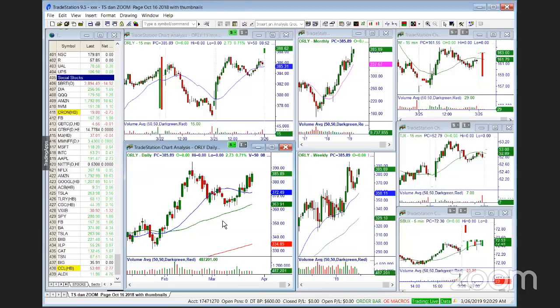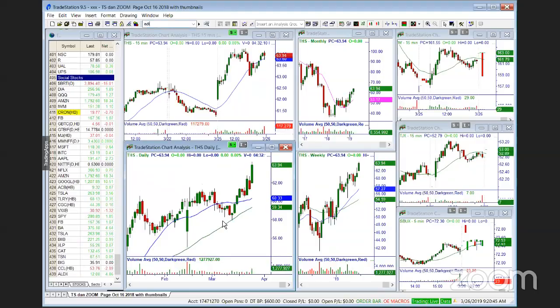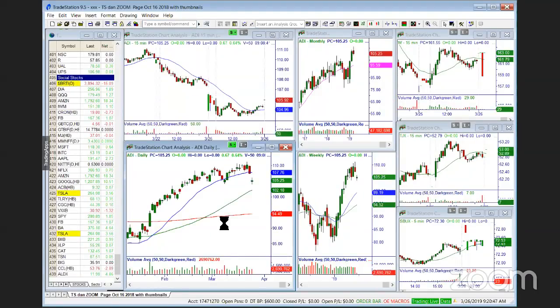Orly was on my watch list as a 1, 2, 3. That looks great. That's a trade today. THS, we bought the stock, so we're long stock, and I've already tightened the stop. That looks great. ADI, nasty gap, so I actually have this on my short watch list.